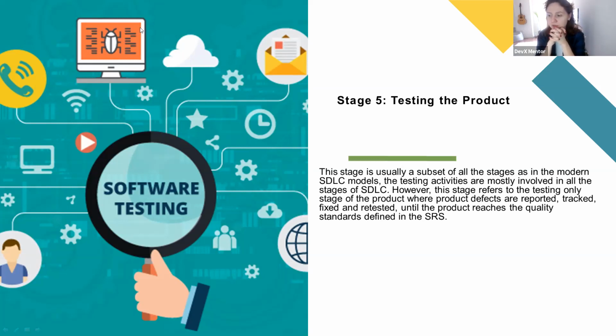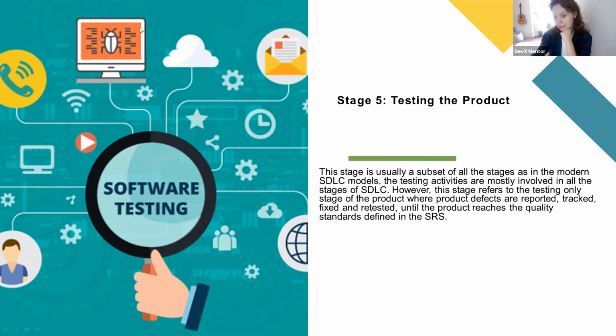However, this stage refers to the testing only stage of the product where product defects are reported, tracked, fixed, and retested, until the product reaches the quality standards defined in SRS.